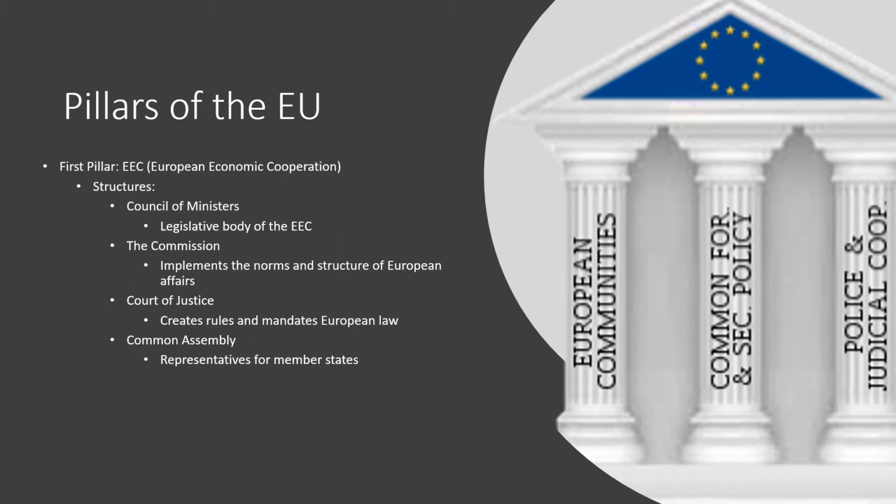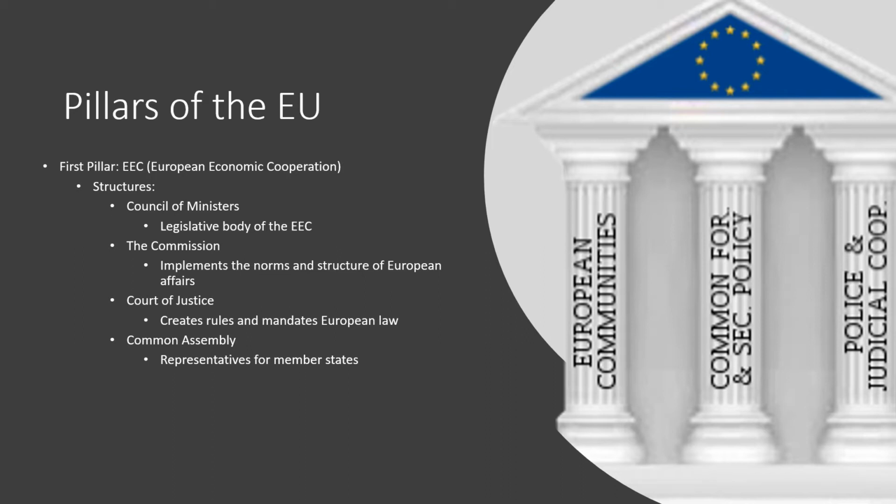The first one is the Council of Ministers, which is the legislative body of the European Economic Cooperation, which is used to create legislation that all member countries would follow, depending on if they were member states or not, or if they just cooperated with the EU, which there are some of those as well. However, we're just focusing on the actual members.